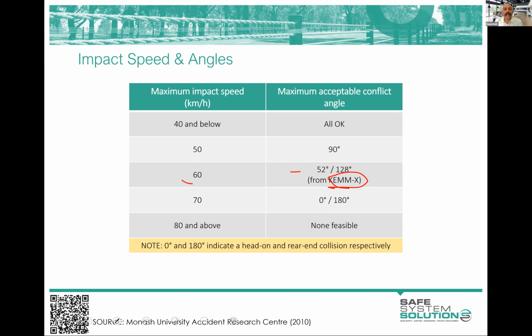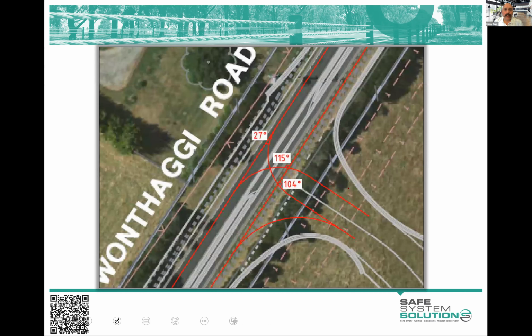Okay, we as safe system assessors are really looking at a fairly broad brush indication of severity of crashes. Those tools try to delve into a lot of detail. But you can really just be utilizing these sorts of angles and speeds and vehicle types and that colorful chart that I showed you in the last module. So if there's a new intersection proposed, an access point or the like, you don't need to go to this precision of angle of crash potential.